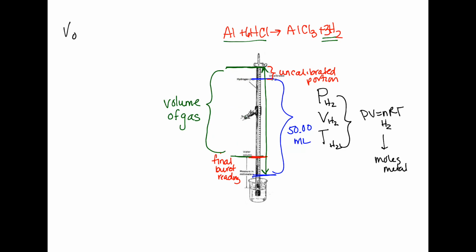So the volume of the gas is equal to 50 milliliters plus the uncalibrated portion minus the final burette reading.